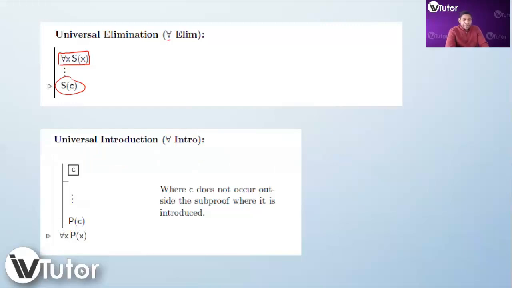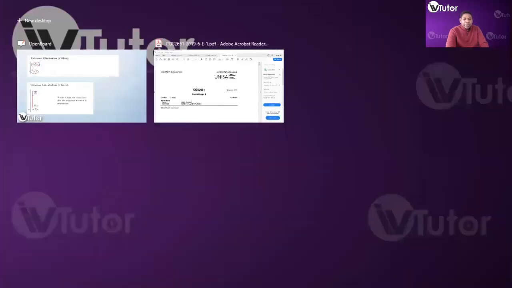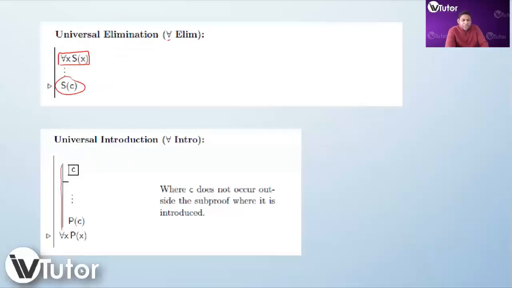So we have an assumption, right? If we assume that C, an arbitrary constant, is true, we are assuming an arbitrary constant is true.